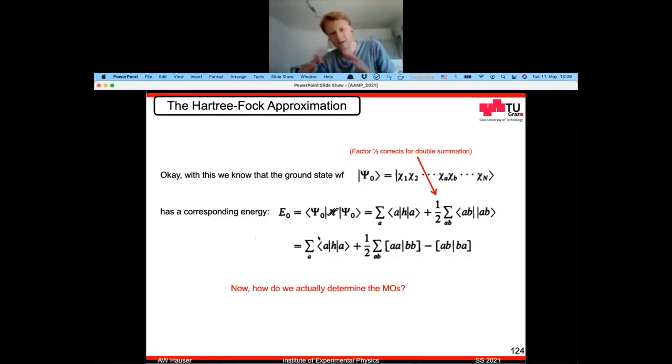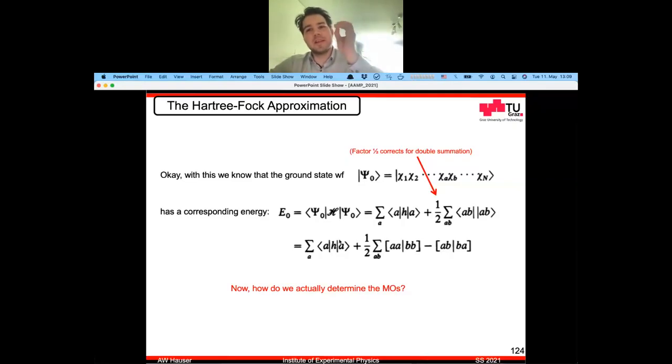So there is one sum as written here, but the core Hamiltonian also contains the interactions of this single electron with all the nuclei. Yes, I got that.